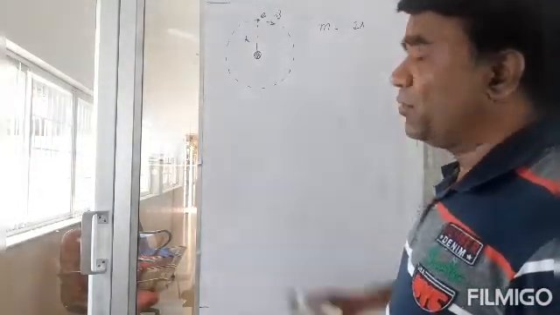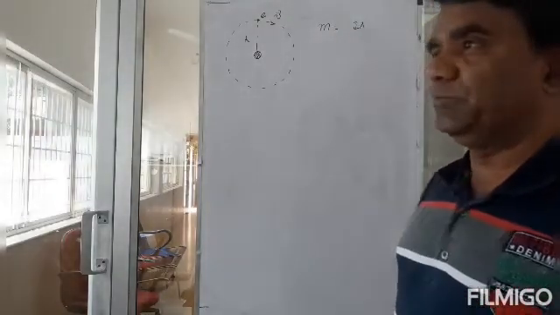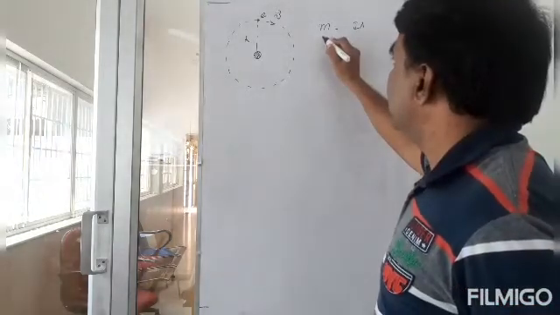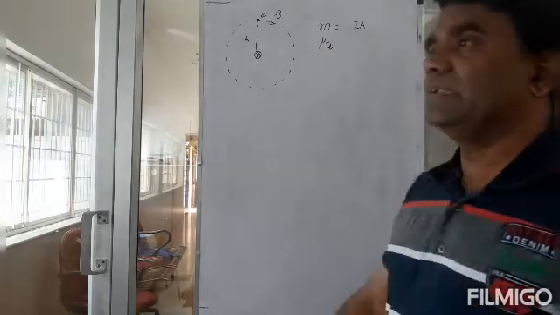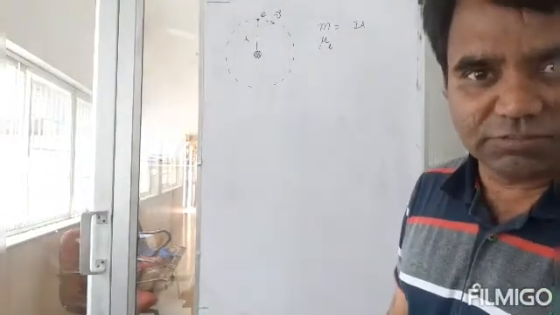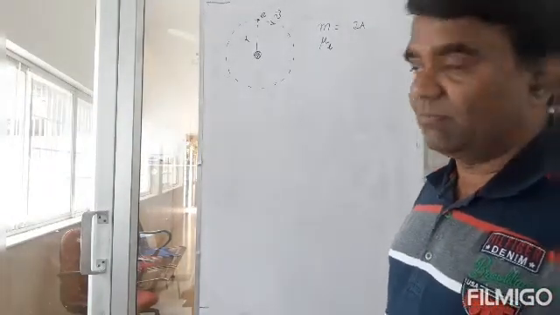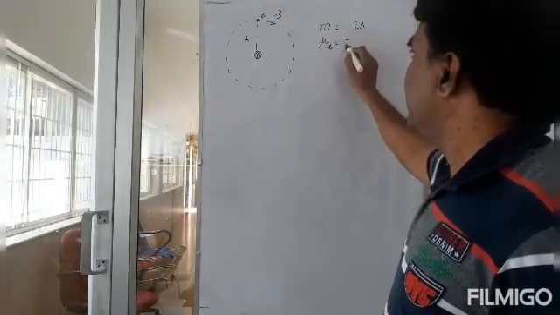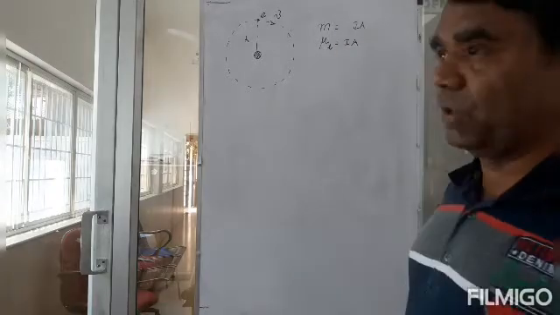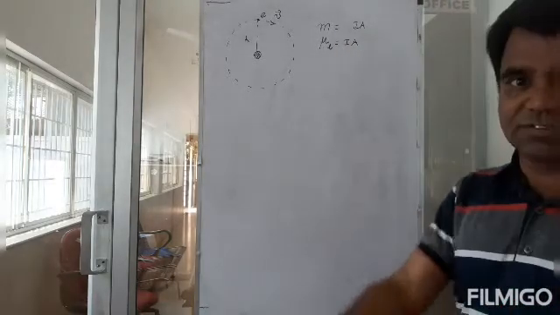I'm going to use a different symbol for this. It's going to be mu L, the magnetic dipole moment of this electron. That is equal to I times A. So to find this out, I need to find the current.